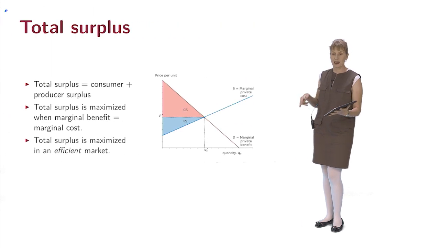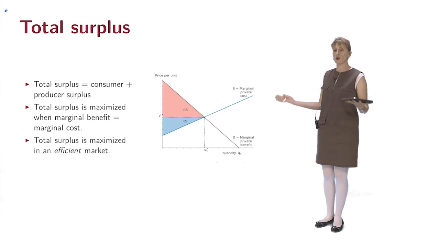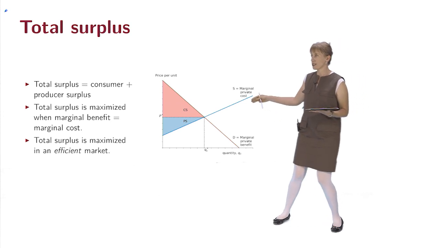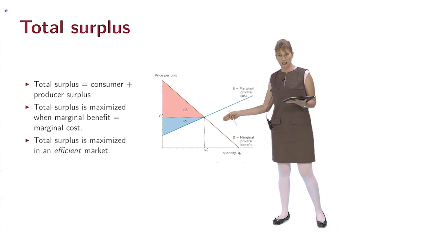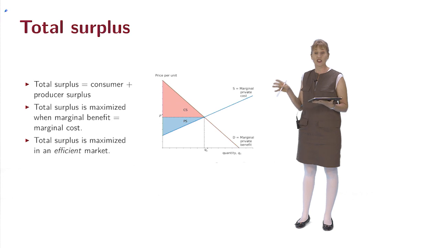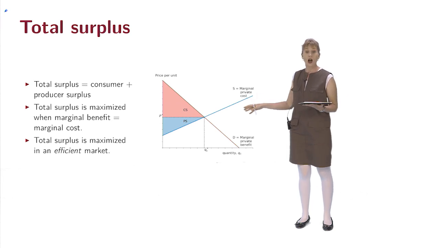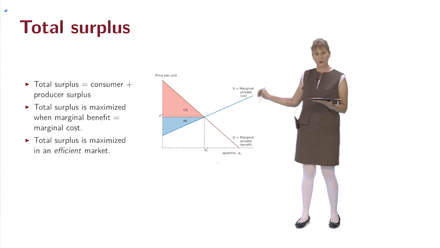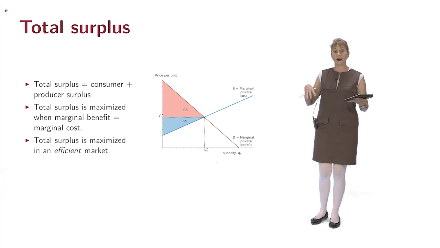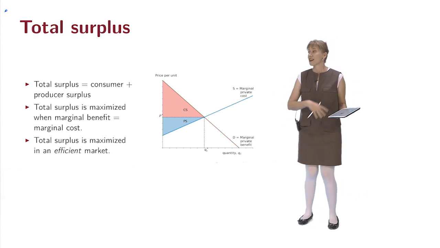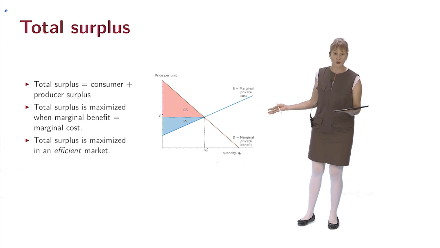So let's put these two together. All right, so here's total surplus. Total surplus is consumer surplus plus producer surplus. Economists actually don't care too much about whether it's consumers or producers that receive surplus. What economists care about is the sum, or total surplus.